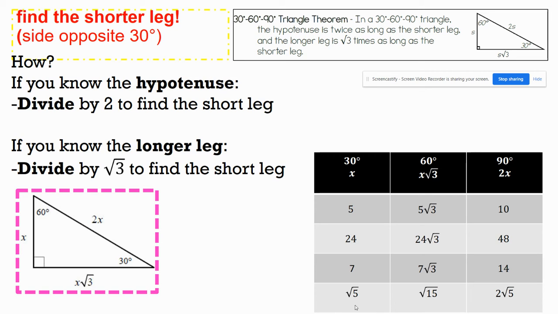The hypotenuse is doubling the short leg. So if I multiply this by 2, notice how the 2 stays outside, because when you multiply a number by a radical, they don't mix. They only will mix if they're both radicals, like we had here. So you would just write it 2 times the square root of 5, just like you see here.